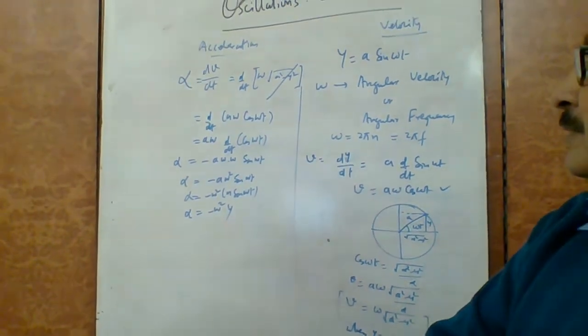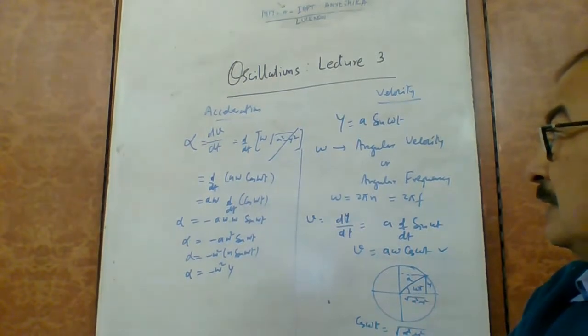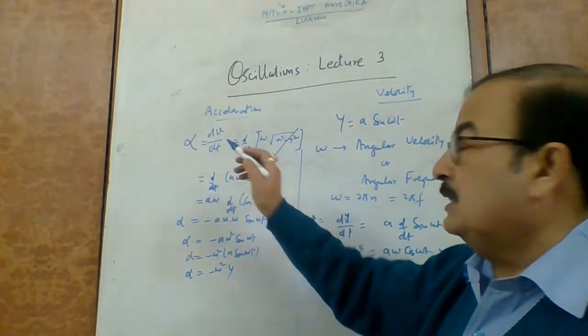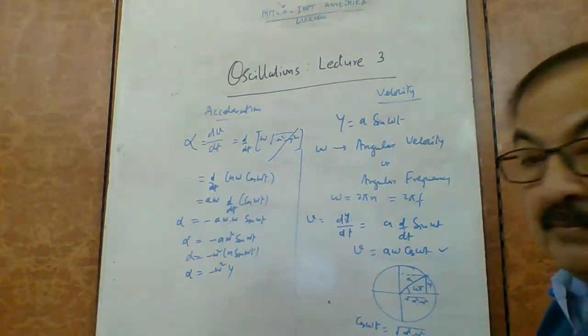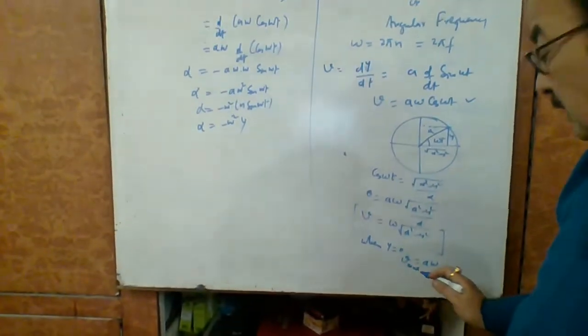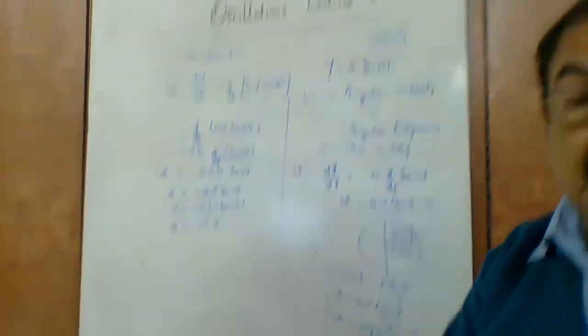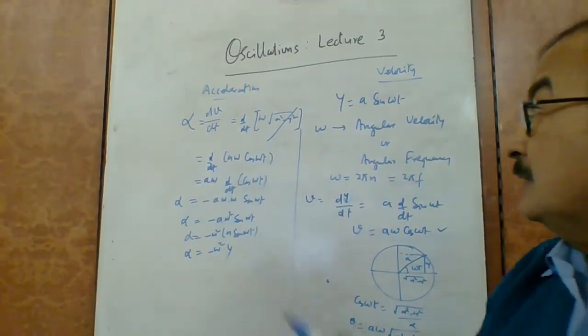Okay. Similarly, for acceleration we take dv upon dt, but we will not be taking the final value of velocity. Remember, because here there is no term of t, we have to anyhow get the thing in terms of t.